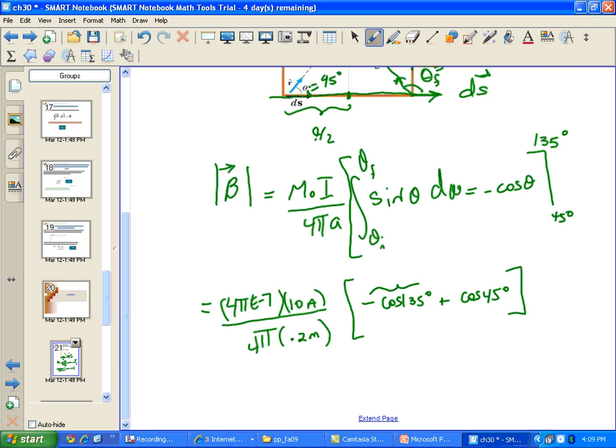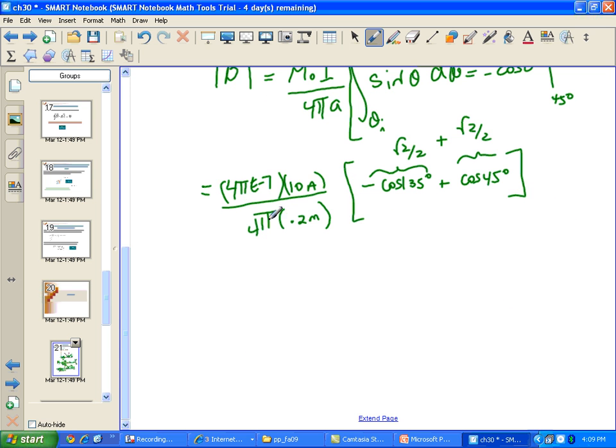This is equal to square root of 2 over 2, and this is equal to square root of 2 over 2. When we add them up, we end up with a square root of 2 multiplying this expression right here. And when we multiply these terms out, we get 7.07 e to the minus 6 Tesla.